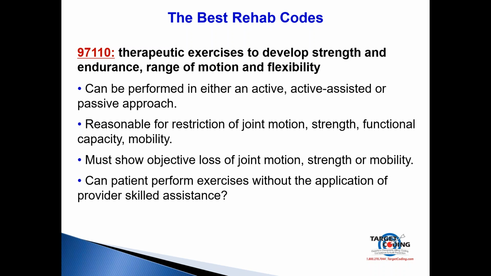What are you going to have her do? Are you going to have her lie on a gym mat and do some abdominal crunches? Do you have fancy equipment, balls, bands, tubes, weight machines? You should outline that in your plan of care, and I'm going to show you an example of the difference between how to outline a therapeutic rehab procedure in a plan of care versus a SOAP note.